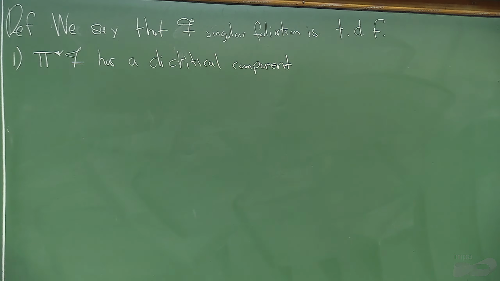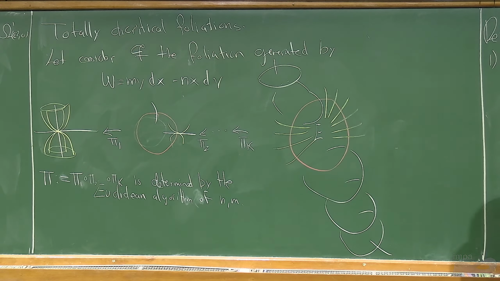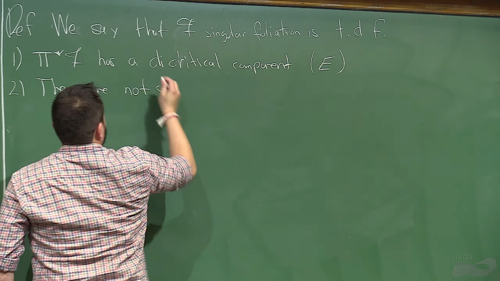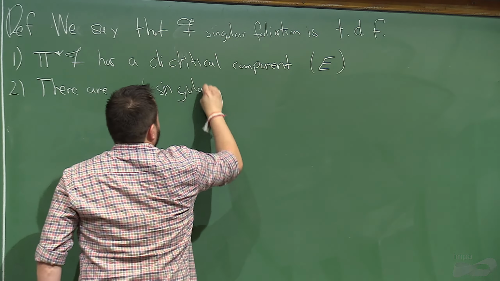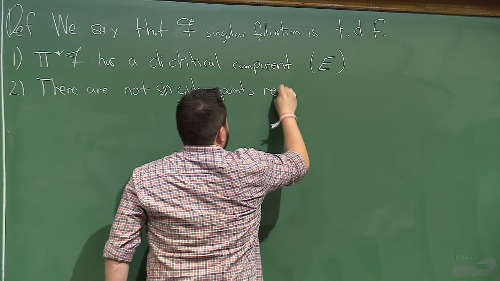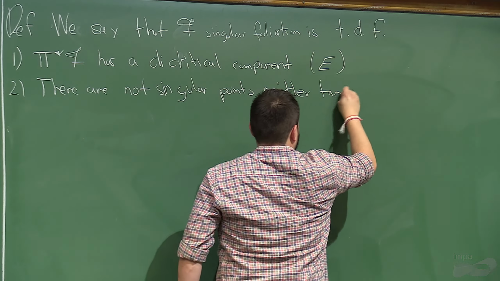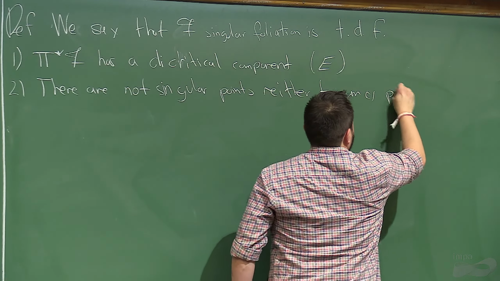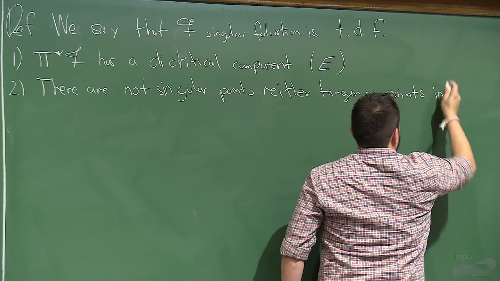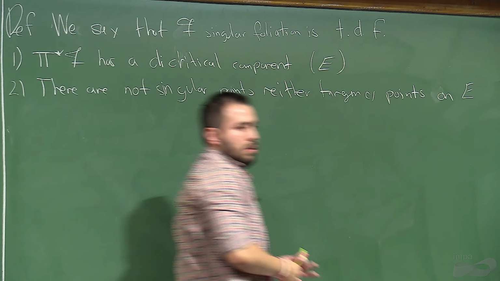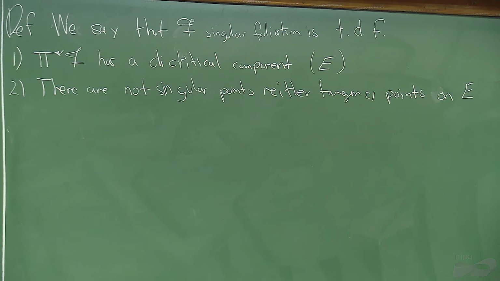I will denote it E. This has a dicritical component and it is the component E that appears in the last one. And there are no singular points, neither tangency points on this component. So as in the example, there are no singular points, neither tangency points in this component. Okay?